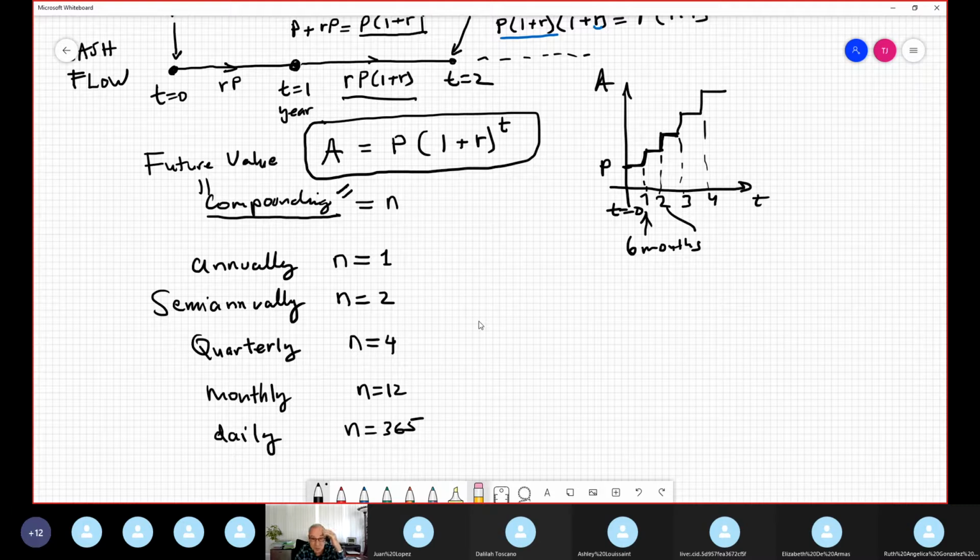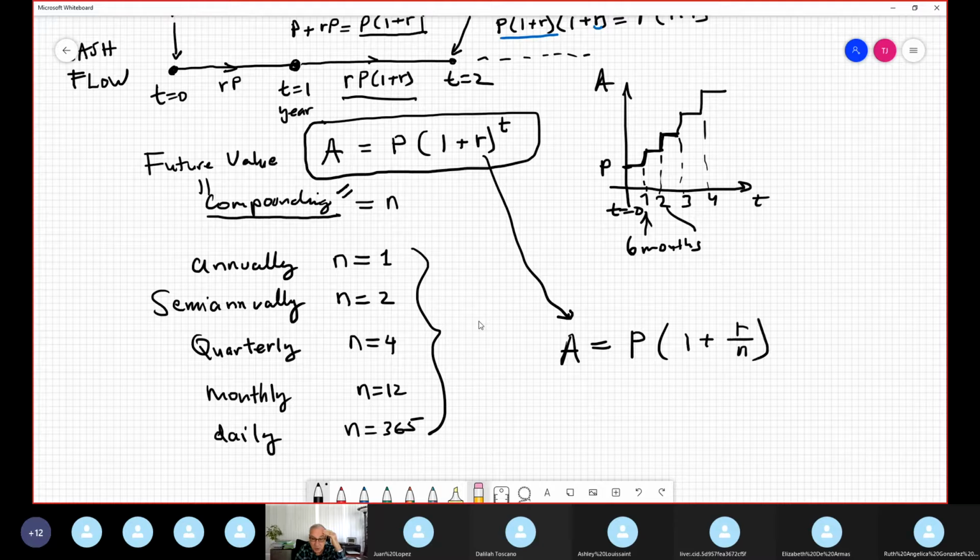So you refine this formula, reformulate the formula using the new idea for the compounding. The future value, which is capital A, is equal to present value times 1 plus R over N, because the supposition is that R is interest rate, but always annually, APR. Therefore, if you want to express it, for example, monthly, you divide this APR by 12.